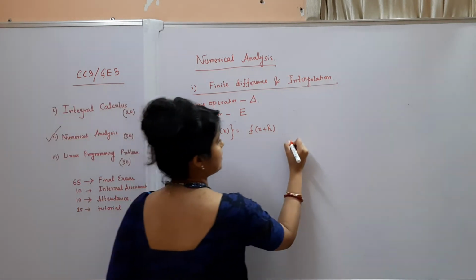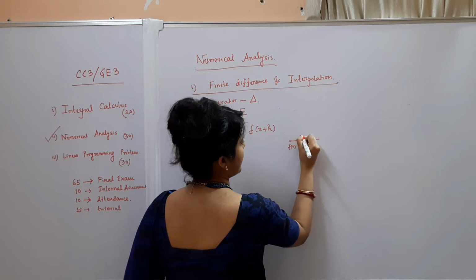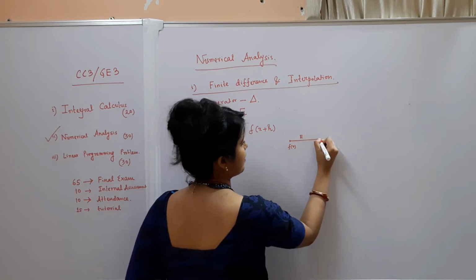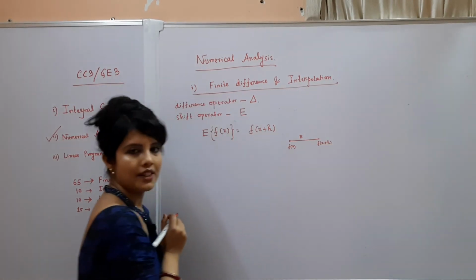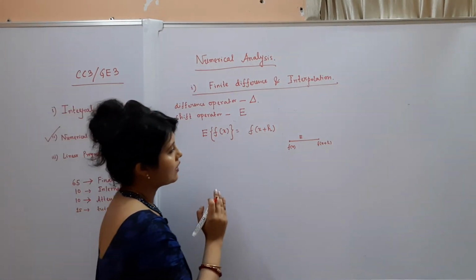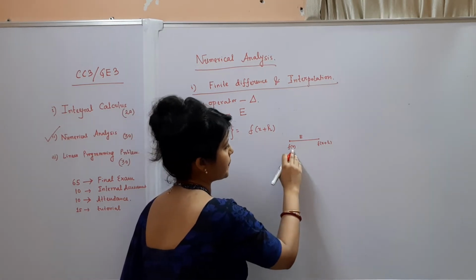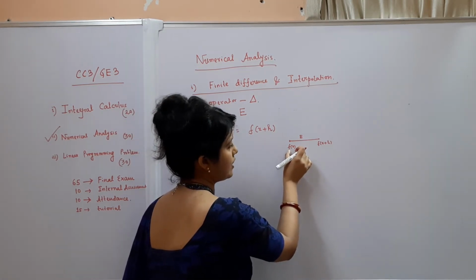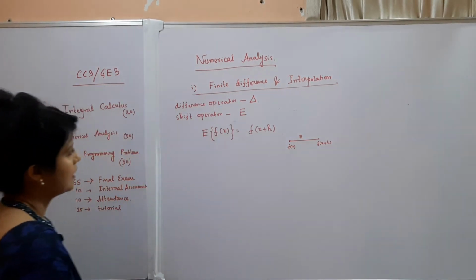So if there is f of x and you apply the shift operator on it, then it will move to f of x plus h. So the shift operator just shifts the function from f of x to f of x plus h, right?